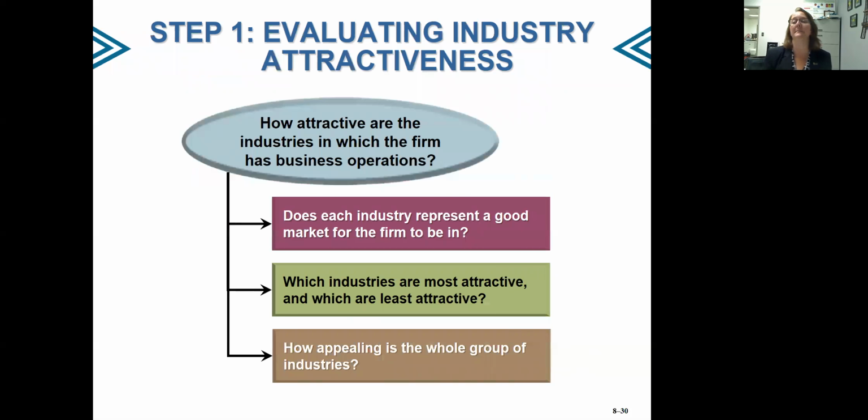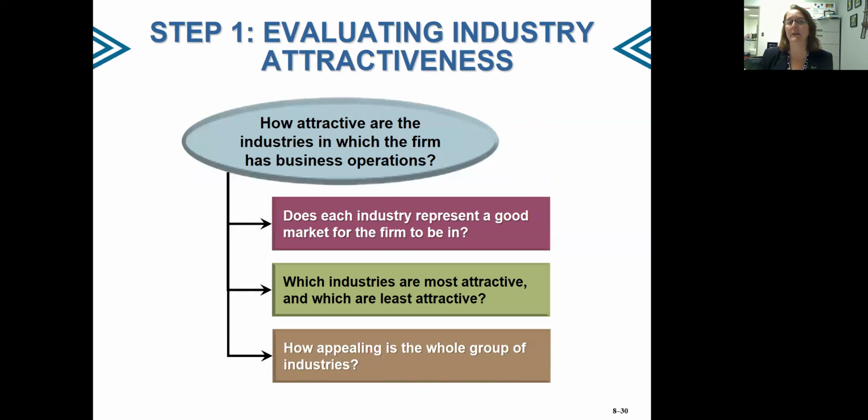So step one, you're going to evaluate the industry attractiveness. How attractive are the industries in which the firm has business operations? For each of the firms you're considering in that industry, does it present a good market? Which industries are more attractive versus least attractive?